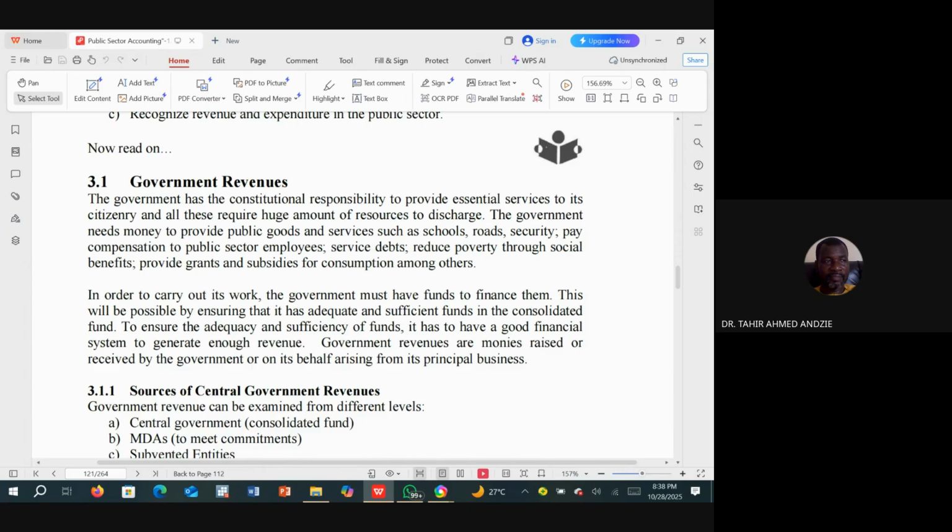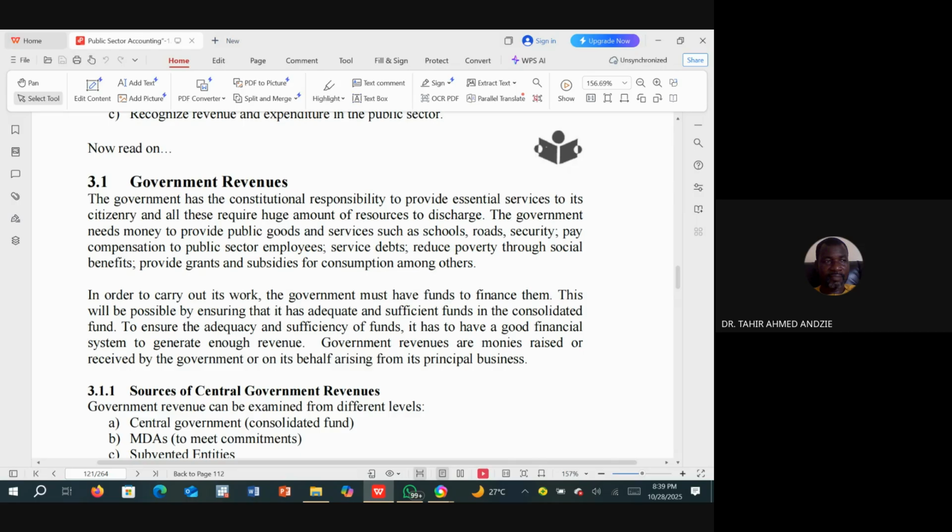Of course, government has a lot of things to do, especially in our part of the world where society has not been developed, except that our politicians are amassing wealth for themselves rather than thinking of the citizens. But the fact is that the Constitution has made it clear for every government to provide essential social services to its citizens, and all this requires huge amounts of money.